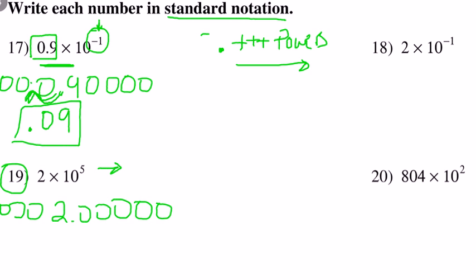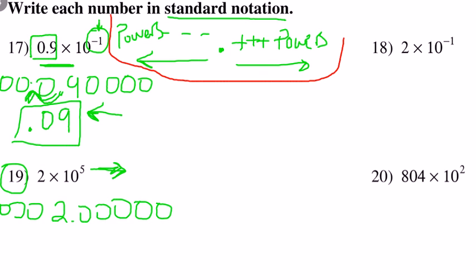And on the flip side, if I have negative powers, we are moving our decimal point that way. That makes sense because, look, guys, that's what we did in number 1. We moved our decimal point that way. Well, I have a positive power, so I'm going to move my decimal point here. If you get stuck, look back up here. This will help you out.